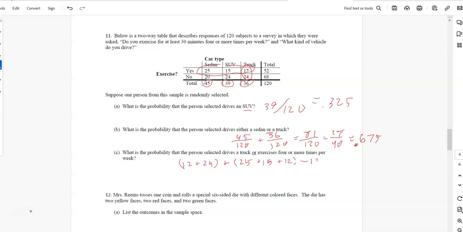I think you counted that 12 twice. So that's the numerator. The denominator, I believe, would be the 120. And if you do that, you get 76 out of 120, which simplifies to 19 over 30, which is about 0.633.